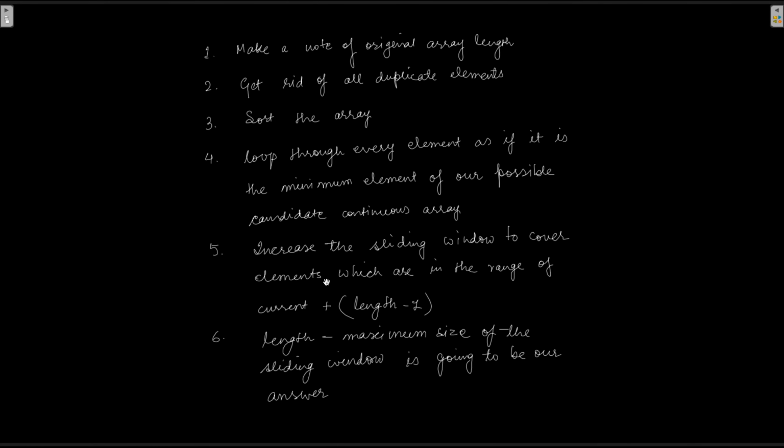And then finally, we maximize the size of the sliding window, and we take a note of it, and whatever the final maximum size of the sliding window that we find, we subtract it from the length. So length minus maximum size of the sliding window, and that is going to be our answer. So with this information in hand, let's start coding.